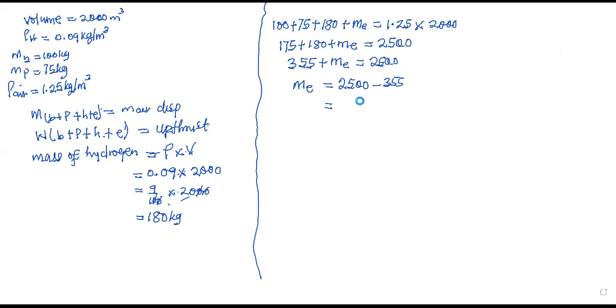All right. So this would be equal to 2,145 kilogram. Okay. And so therefore, what is the greatest mass of equipment? So ME.